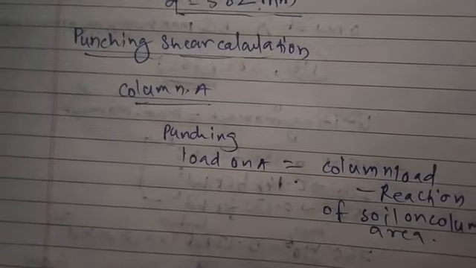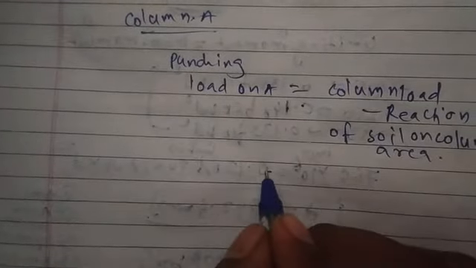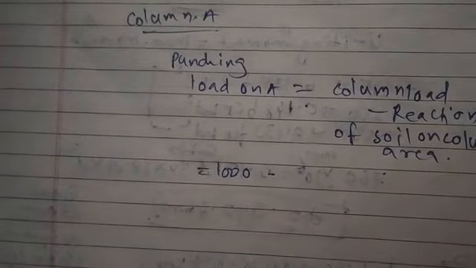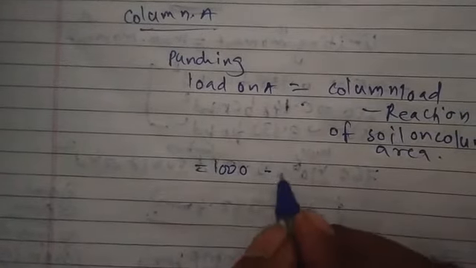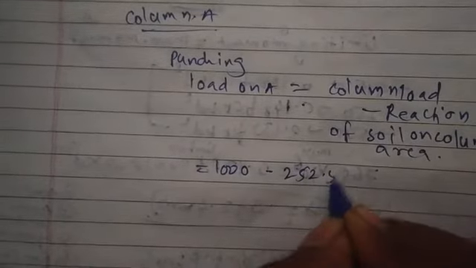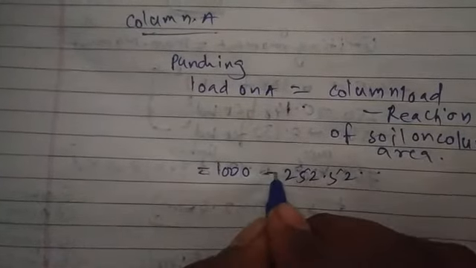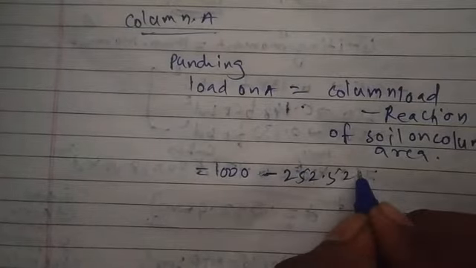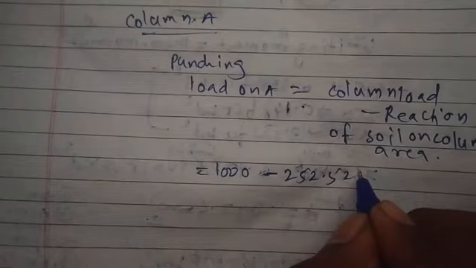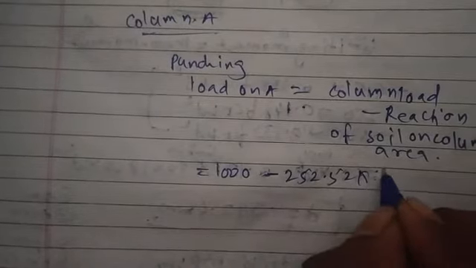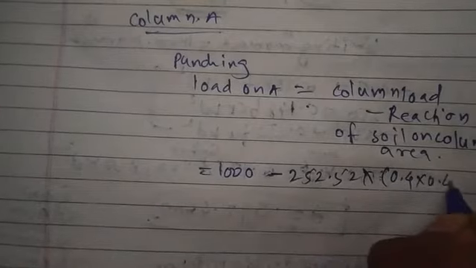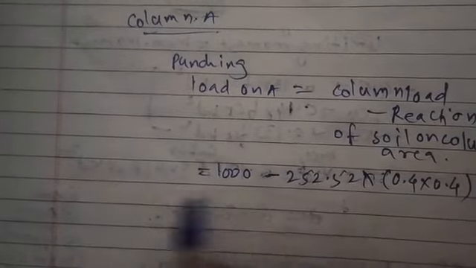On column A we know that there is a load of 1000. We have calculated the reaction, that was 252.52. You can cross check this value in the previous video. We have calculated this net upward pressure, into the area of column A, that is 0.4 by 0.4 because it is given.